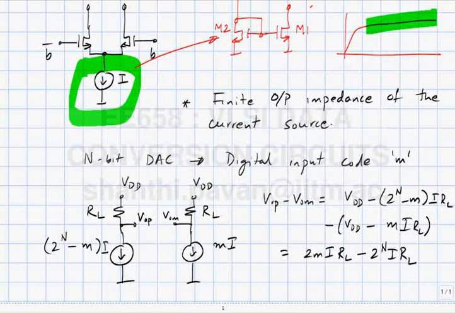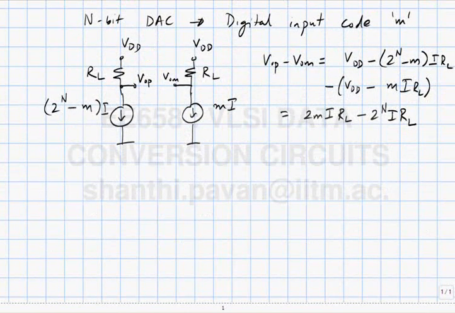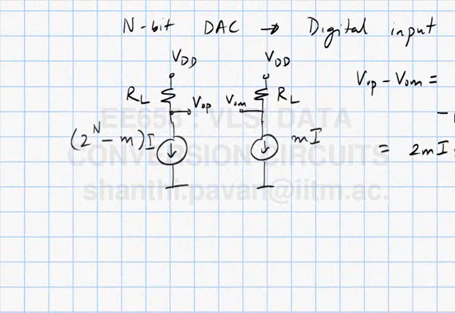Now, in practice, each of these current sources is not ideal. So if m current sources are steered towards the right, what do you think will happen? To account for finite output impedance, what must I do? Put a resistor in parallel, or a conductance in parallel. What is the equivalent conductance?